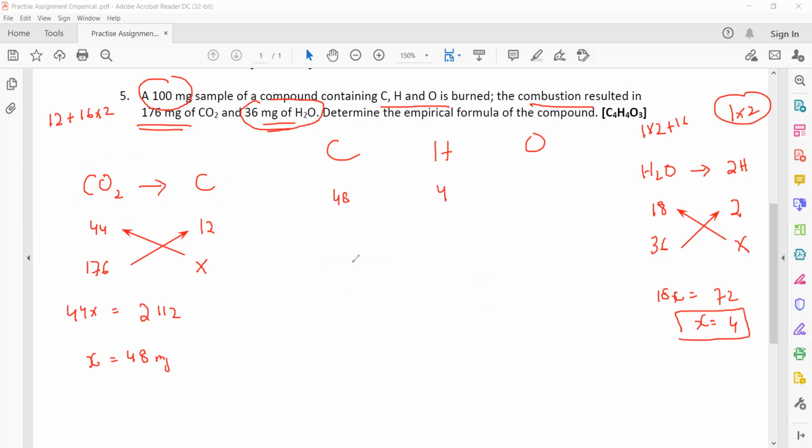Why I wrote 2 here, as you can see, is because we are using water, H2O. So in water, how many hydrogen atoms are there? When you check, water contains 2 hydrogen atoms.